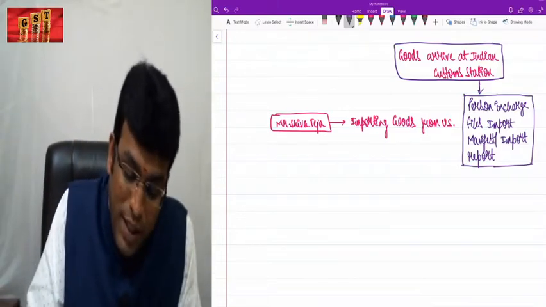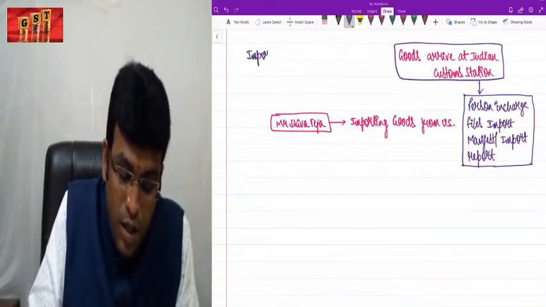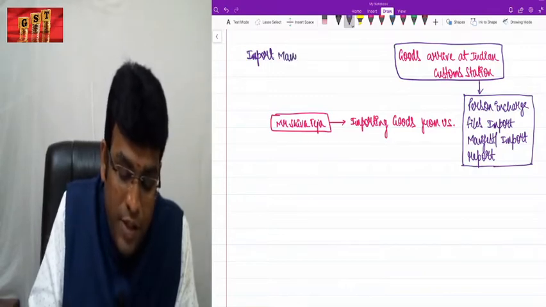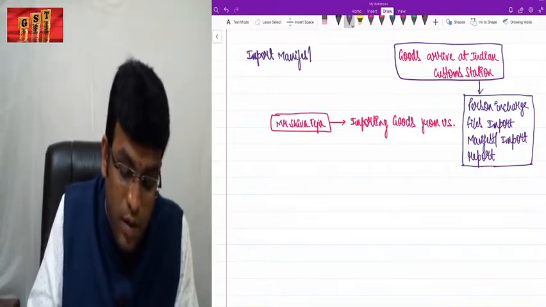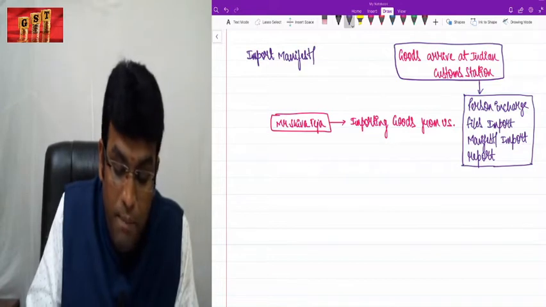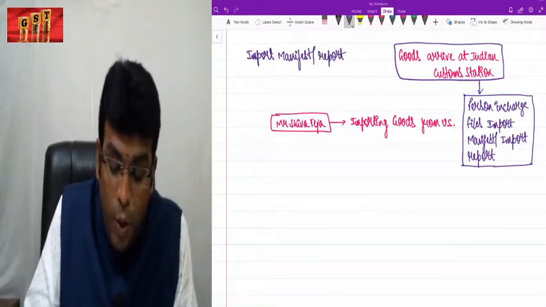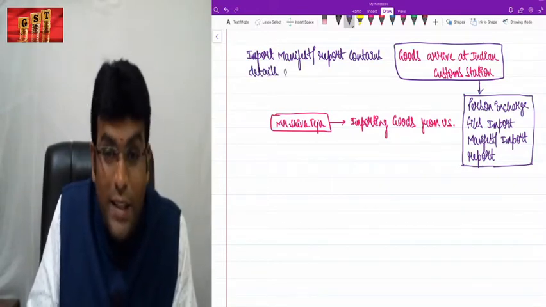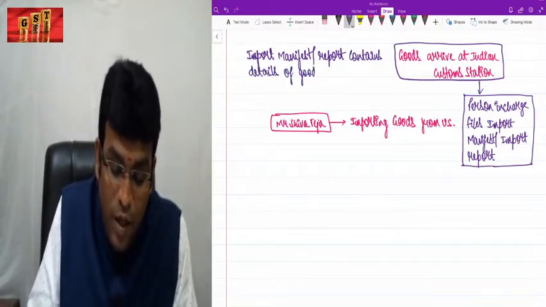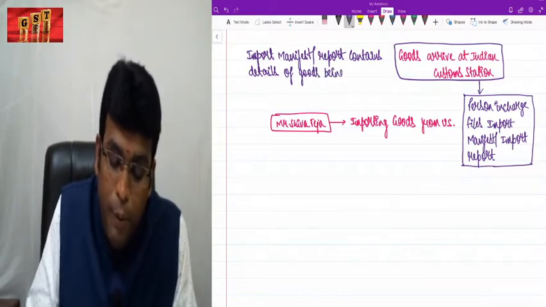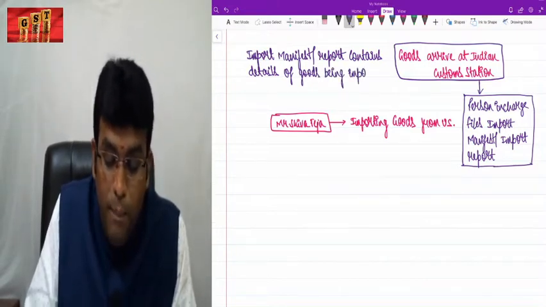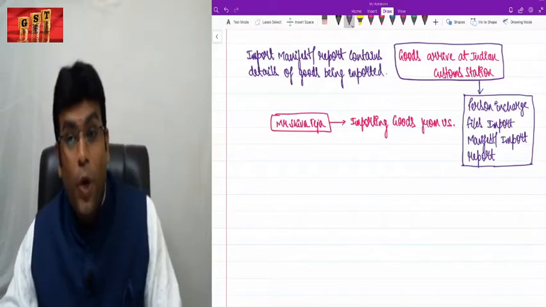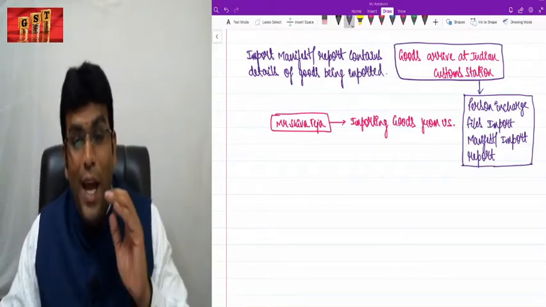An interesting point is that import manifest or import report contains details of goods being imported.